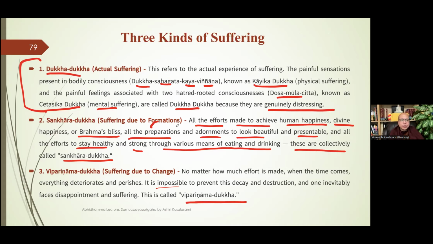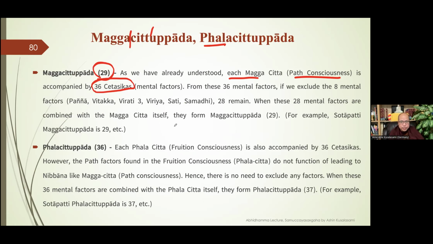So here, 36 Cetasika, mental factors. From these 36 mental factors, we exclude the eight mental factors: panna, vitakka, the three viratis, viriya, sati, and samadhi. These eight mental factors are the Magga factors, the path factors. Here the concept or the formula is the same as in the third chapter.